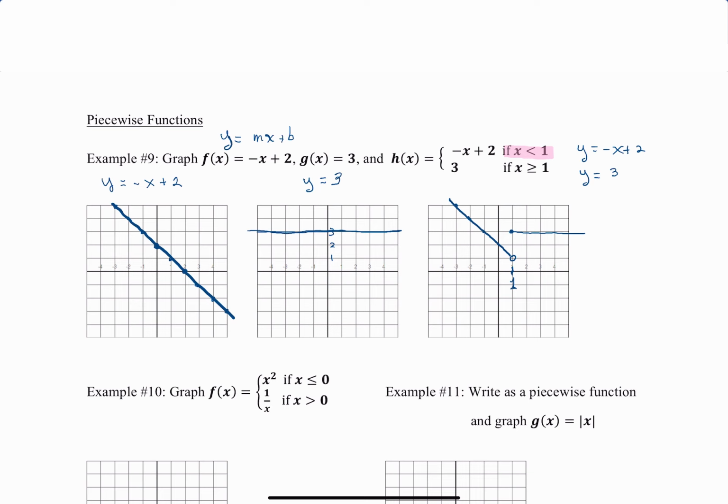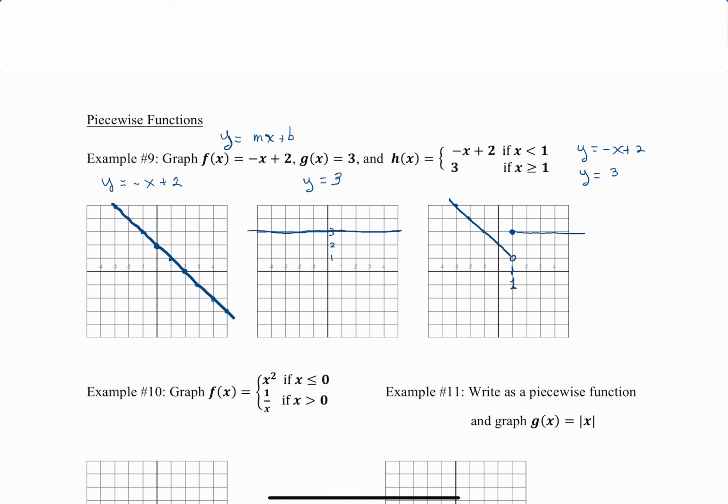Not including 1, whereas the other piece of the graph includes x equals 1. So we have a closed dot at 1 on that part of the graph. So this graph is in pieces, and that's why it needs two formulas to describe it.